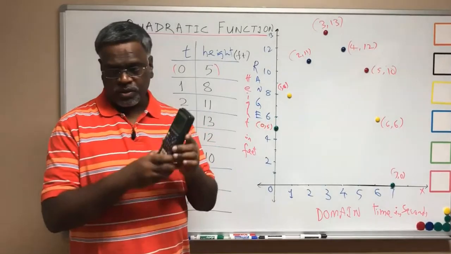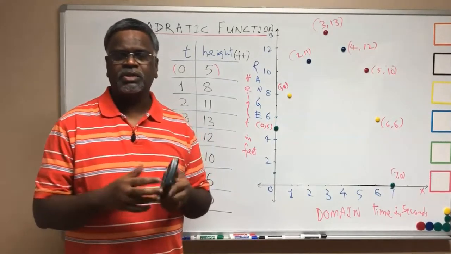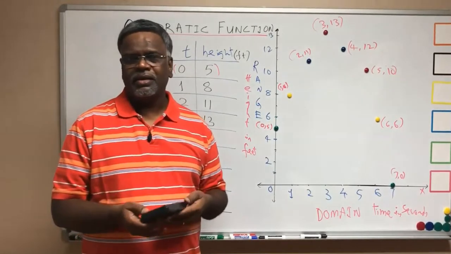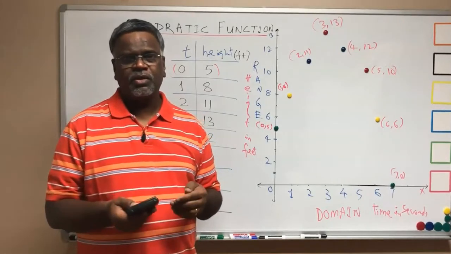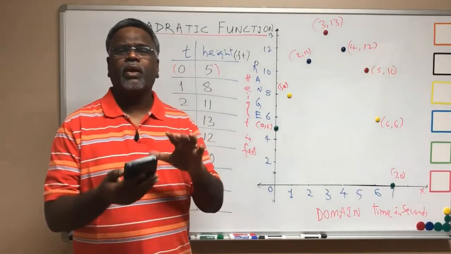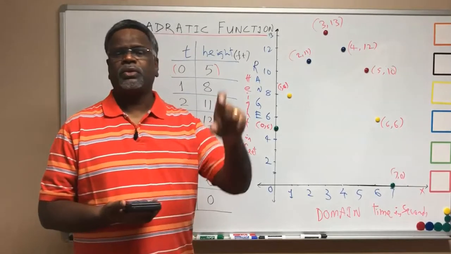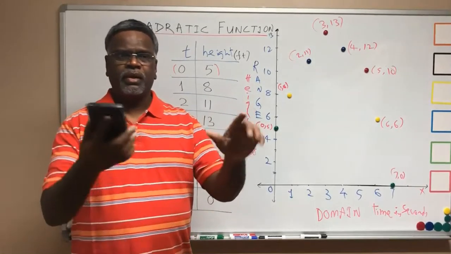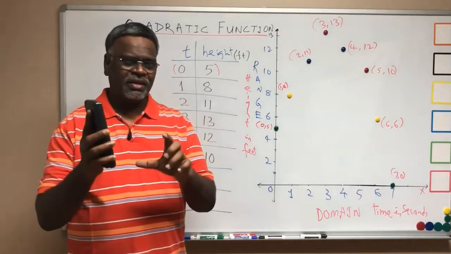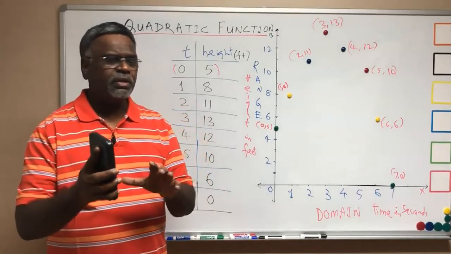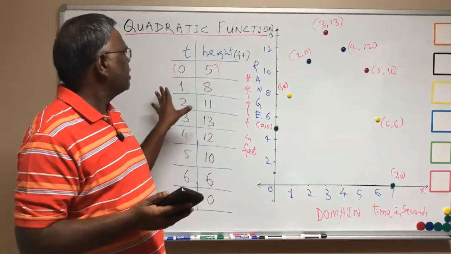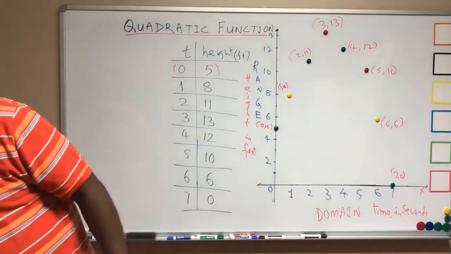Not only this, online you have Desmos, GeoGebra, and such software you can utilize to get this function. I already used that software, and I'm going to show it to you in a separate video. But here, let me directly put in the function and tell you how it looks.